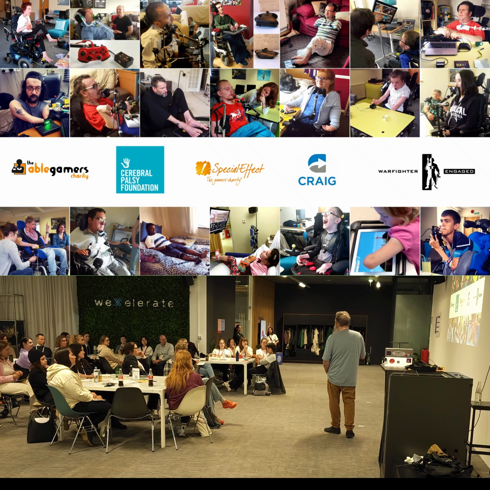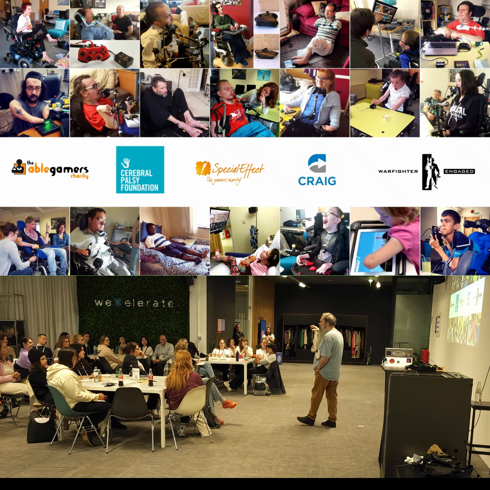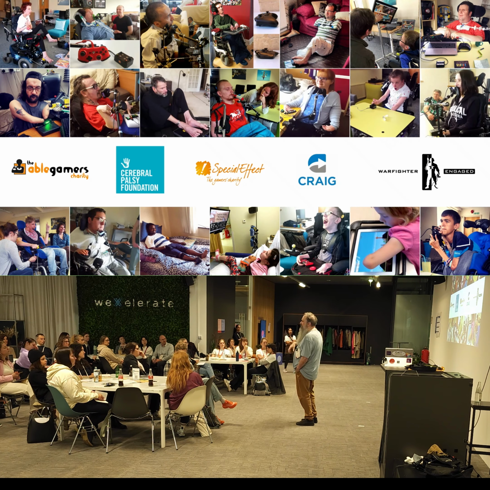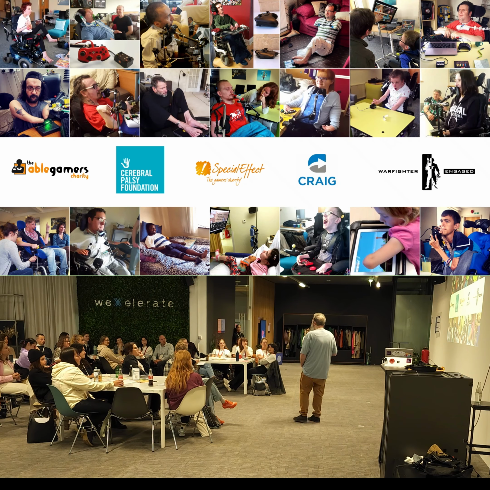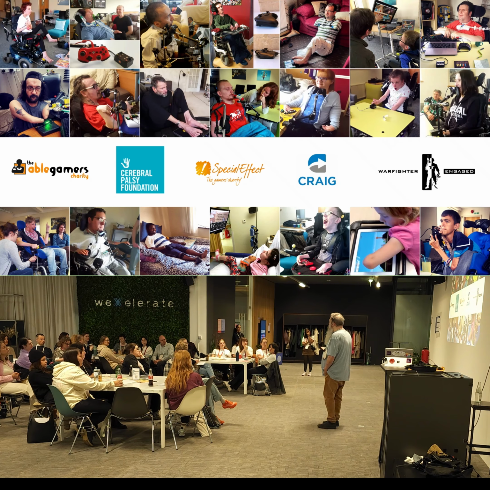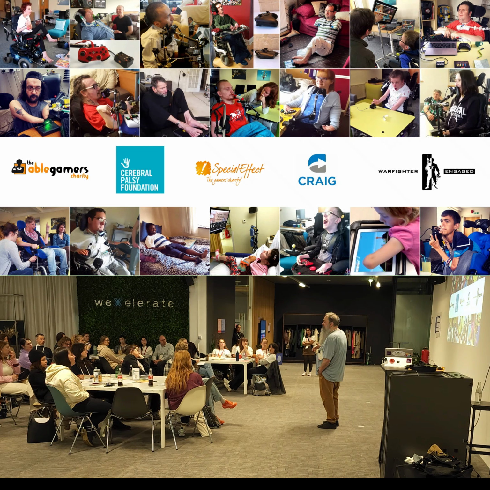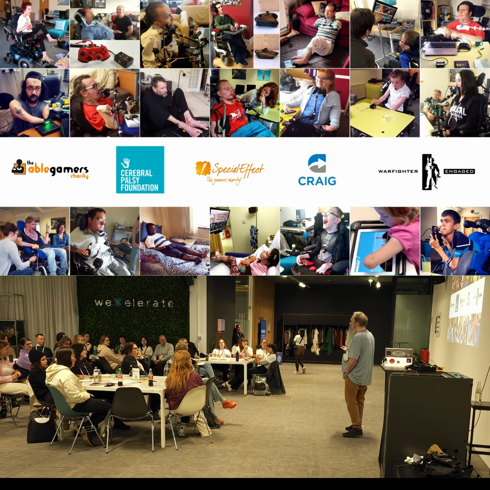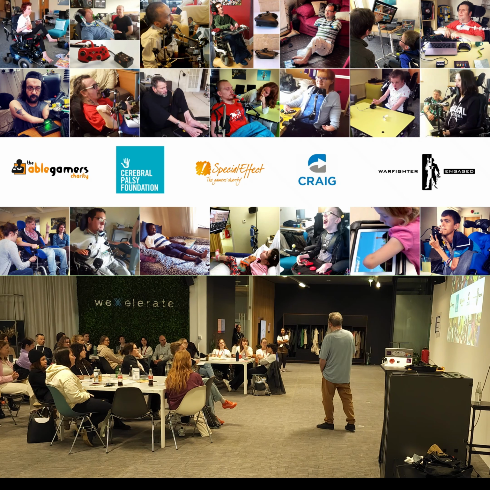Special Effect, because they're in the UK, will take a technician and an occupational therapist, put them in a car and drive to your house across the UK, right? They'll set something up in your living room. You don't get to keep the stuff. It's more of a lending library because the needs of people with disabilities change over time. And so when your needs change, they'll bring you new stuff and they'll just take their old stuff back, right?